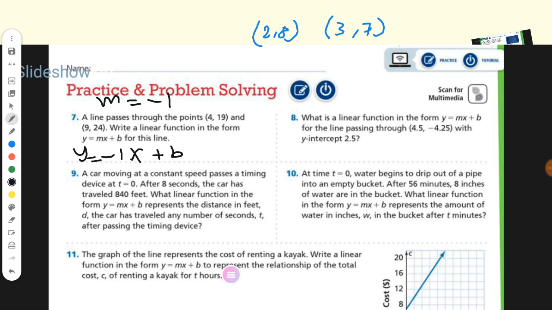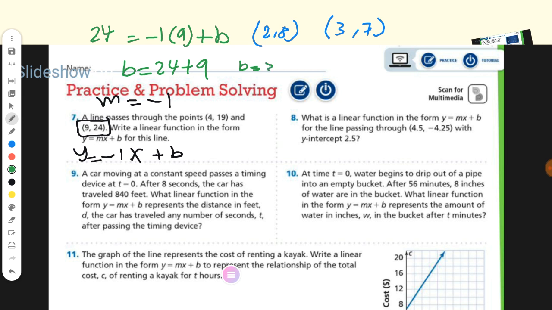Take any point from it, take the second point. Instead of x, put 9, and instead of y, put 24. So it will be 24 equals negative 1 multiplied by 9 plus b. So negative 9 goes to the other side as positive, so b equals 24 plus 9, which equals 33. b equals 33.